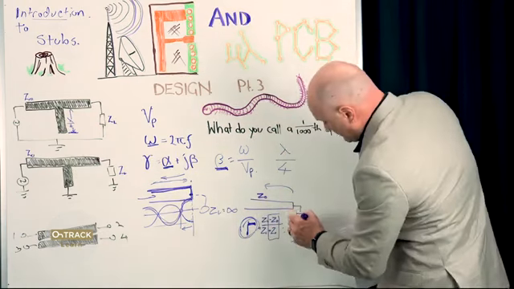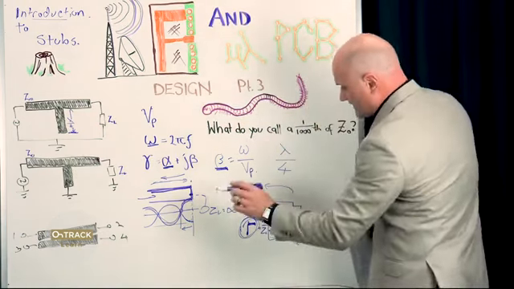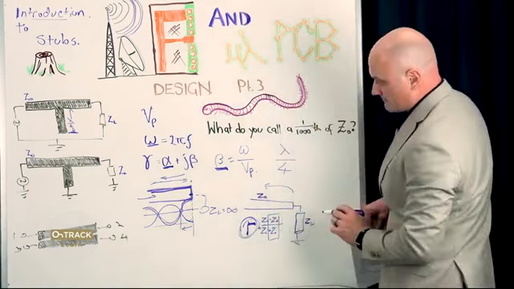With an open circuit, all the energy is also reflected back, but it is not inverted, as we discussed over here. So with an open circuit, at a quarter wavelength back from the open end, it looks like a dead short because the voltage is always 0.